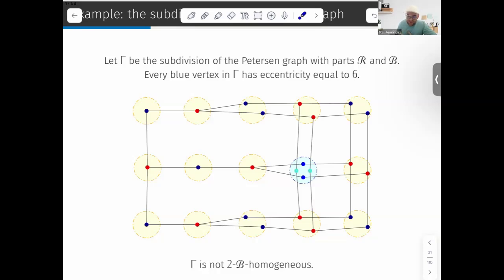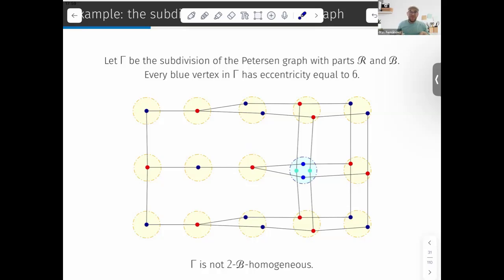And we observe that the only common neighbor of x and y is this vertex, and this vertex is at distance 5, not 3. So this means that the scalar gamma 4 for these vertices is 0.